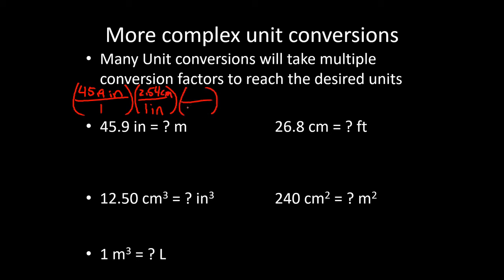And I know that for every 100 centimeters, there is 1 meter. So we can use as many conversion factors as we need, because we can multiply by 1 as many times as we need. So if you do that math, you come up with, let's see, I get 3 sig figs, so 1.17 meters.